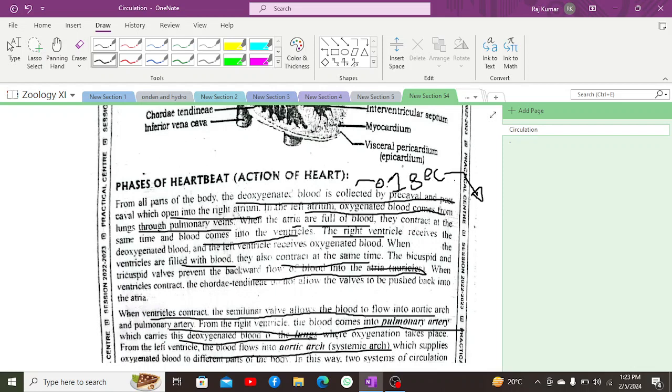Moreover, as the ventricles are completely filled with blood, the second phase occurs. In the second phase, we have the contraction of ventricles, and that is known as ventricular systole. When atrial systole is finished, the tricuspid and bicuspid valves are closed.